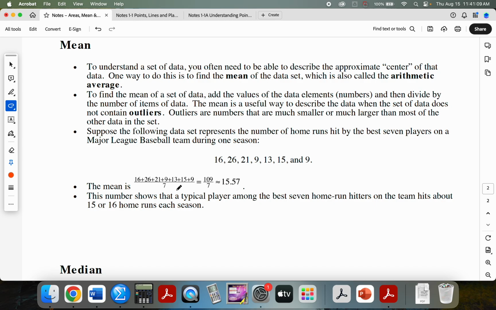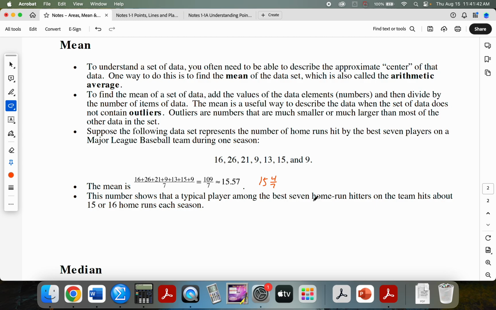We just add those together, divide by 7. Notice the squiggly line here. What does that mean? Anyone? Approximately. Yeah, this means approximately equal to. I would have just divided it and gone, okay, it was 15 and 4/7, instead of trying to make it into a decimal, because the decimals for sevenths are always ugly.